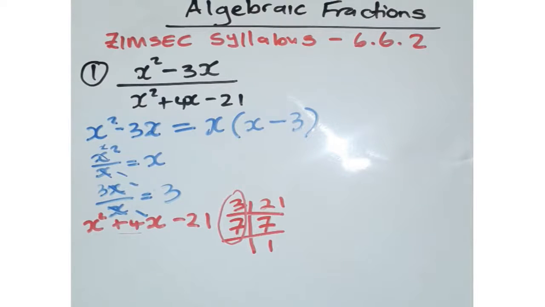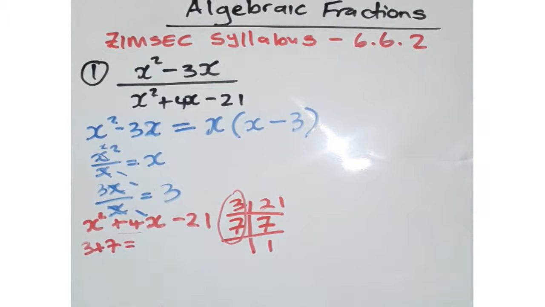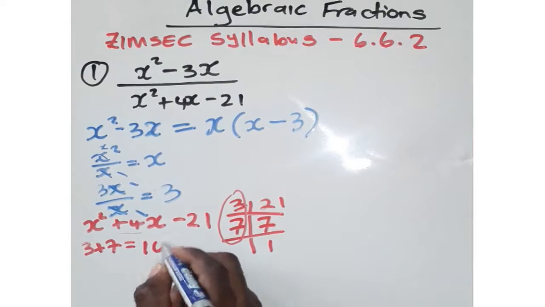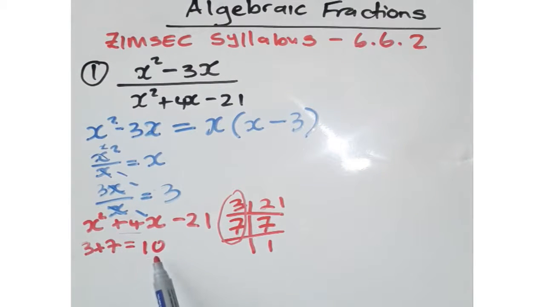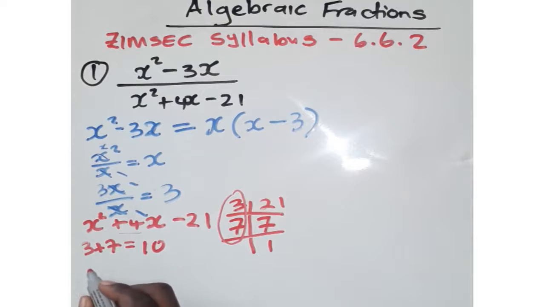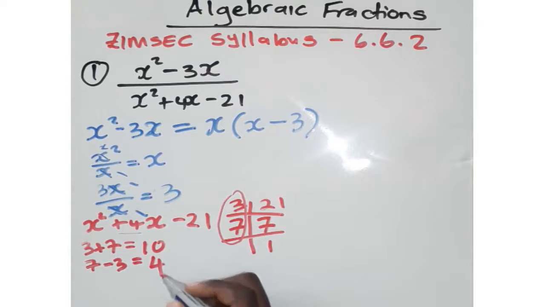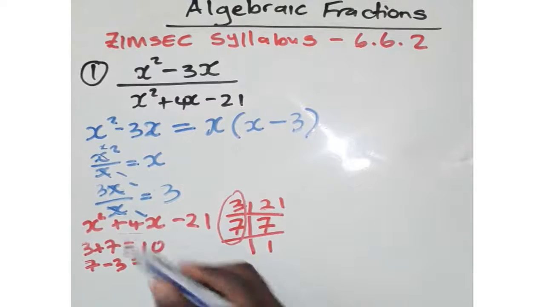So we have to play around with these two numbers that we got from 21. We have to either add them together or subtract them so that we get plus 4, which is the coefficient of x. So for starters, we can say 3 plus 7. What does it give us? It gives us 10. Is 10 equal to plus 4? Definitely not. So we have to try to manipulate it again. We can say 7 minus 3. What do we get? We get 4. Is 4 and 4 equal?